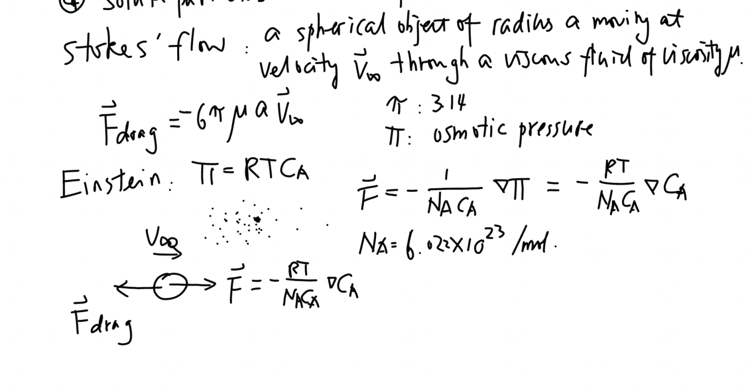So the drag is in the negative direction. The reason I'm drawing it this way is that if I draw the magnitude of the force, I've already considered its magnitude, so then I don't need to put the sign.